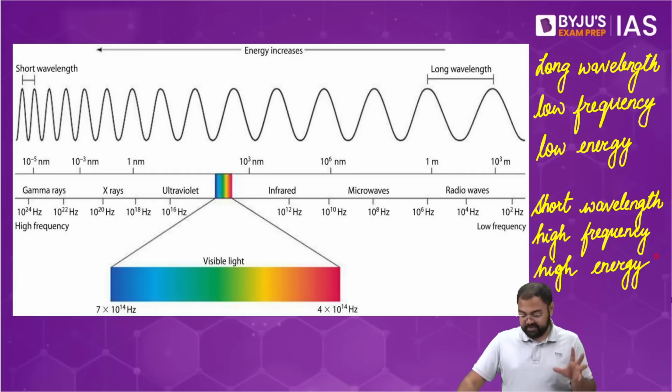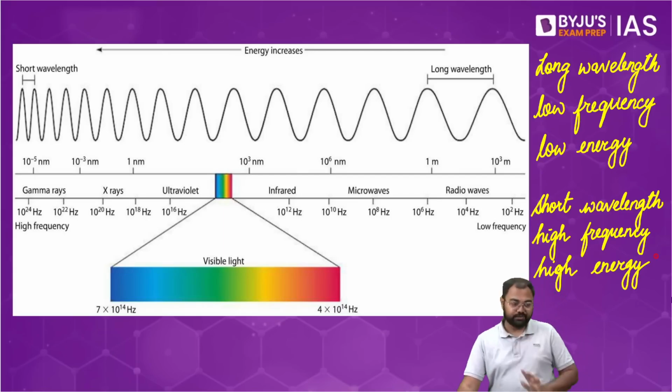Now, on this basis, first and foremost, try to understand all the different types of electromagnetic waves that we have. What are these different types of electromagnetic waves?